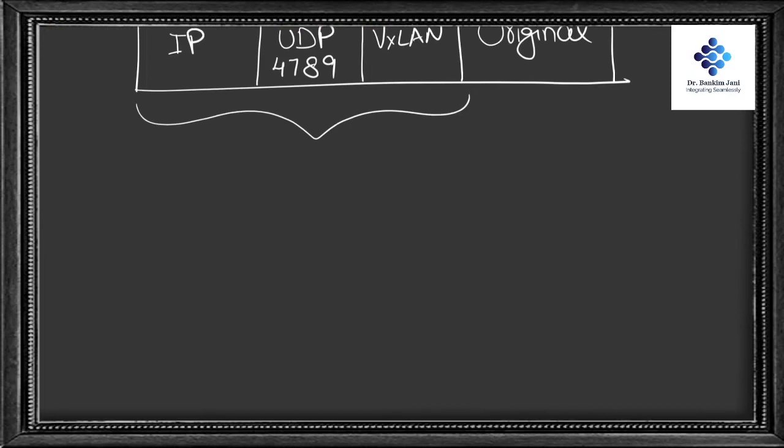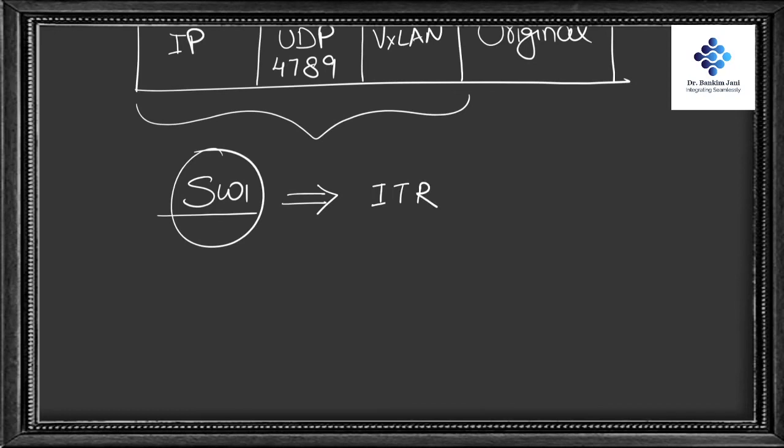And in this case, our switch 1 has a special name. It is just a switch in name. Otherwise, it is the ITR. What is ITR? It is the ingress tunnel router.